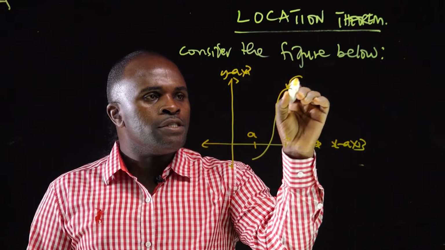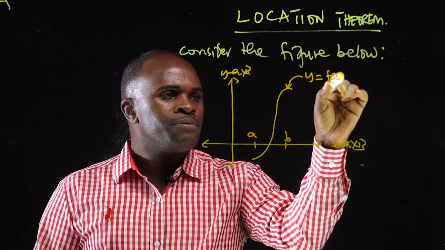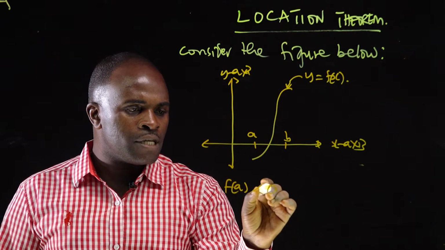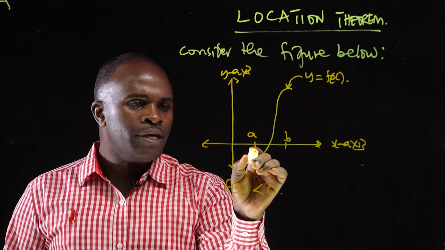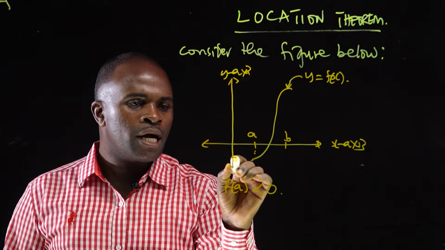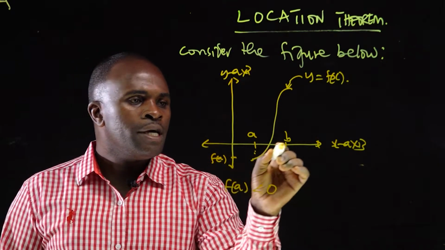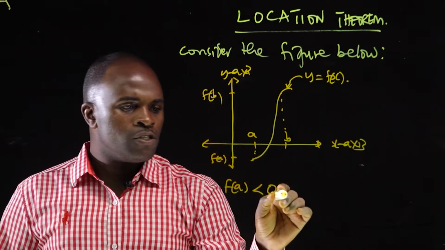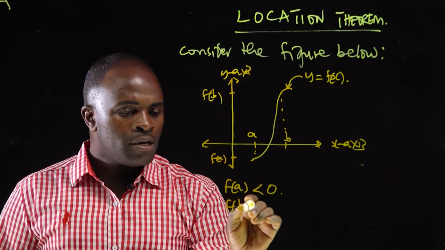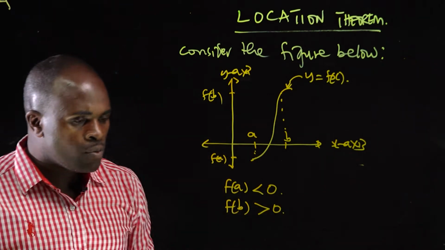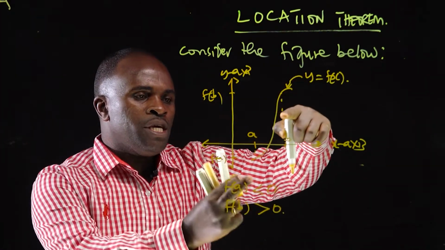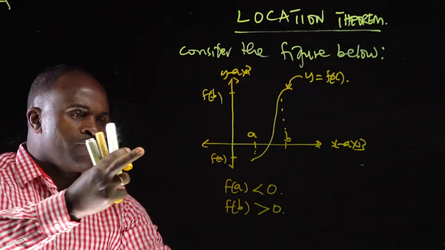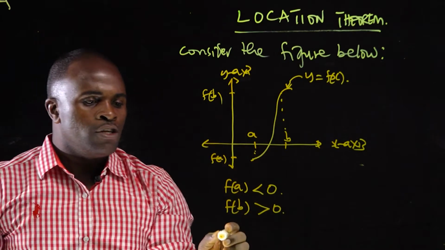This function is called y equals f of x. When you find f of a is a number less than 0, because a is below where the function cuts, and f of b is greater than 0, then at the position where f of b is positive and f of a is negative, the graph crosses the axis somewhere.